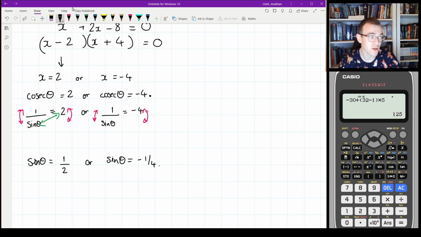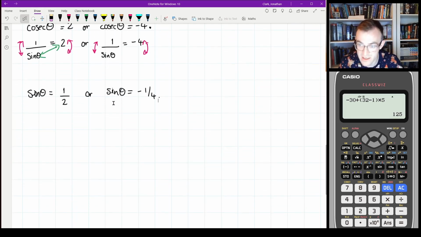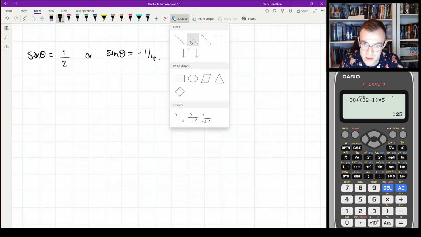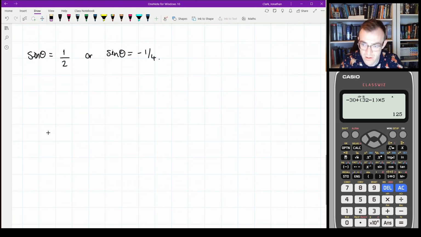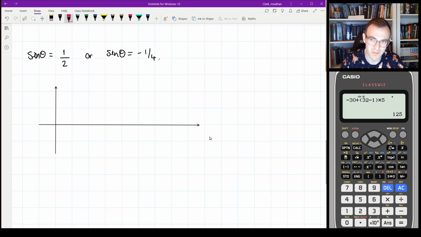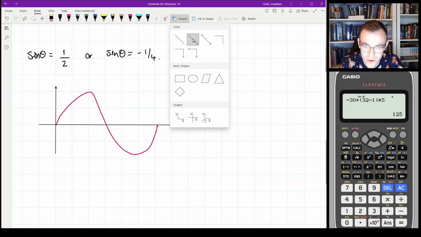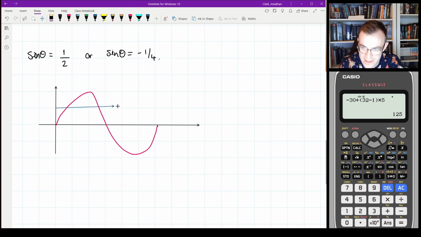So I'm going to go ahead and try to solve these individually. I'll sketch the sine graph for this region. So let's do something like this. Not my best sine curve, but it'll do. And let's draw a line across at sine theta equals a half.